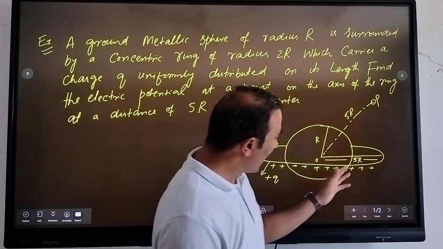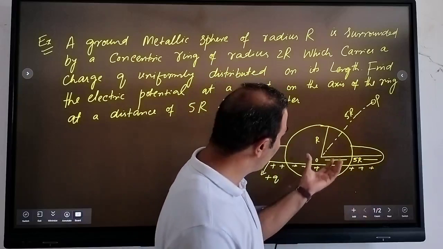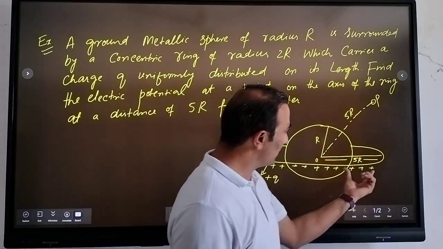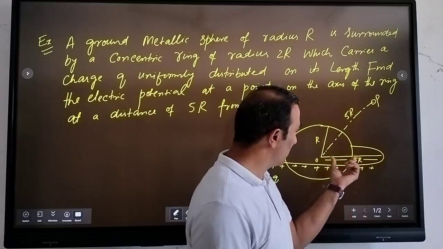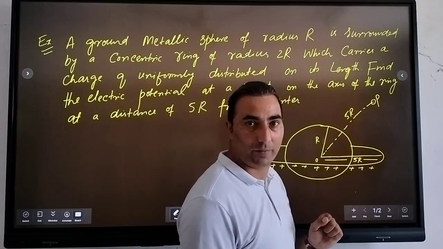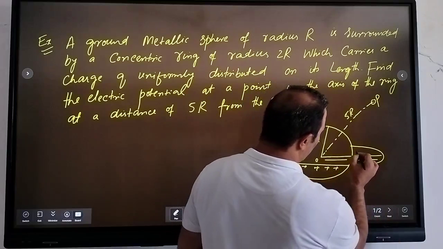And this charge, what will it do? Because we have this metallic sphere, this plus charge will induce some negative charge on the upper side and positive charge will be on the lower side, right? तो इस पे नेगेटिव चार्ज आएगा.